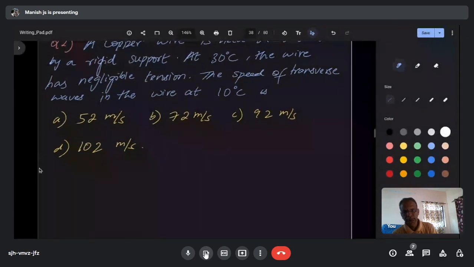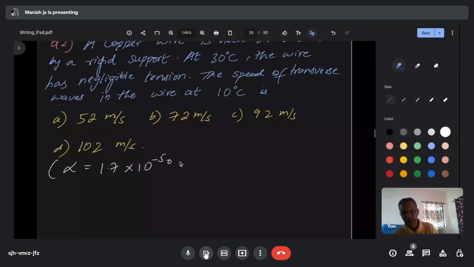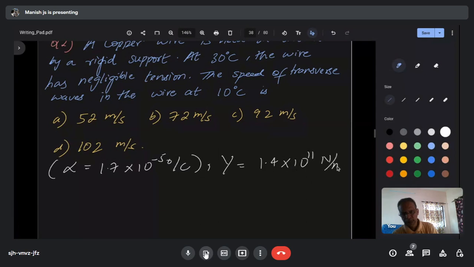இதில் வந்து கொஞ்சம் they give us the values as coefficient of linear expansion கொடுத்துருக்காங்க as 1.7 into 10 power minus 5 per degree Celsius. அதுக்கப்புறம் Young's modulus கொடுத்துருக்காங்க, 1.4 into 10 power 11 newtons per meter square. அப்புறம் density கொடுத்துருக்காங்க 9 into 10 power 3.